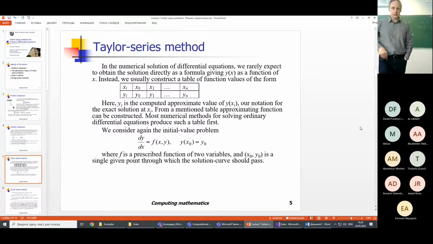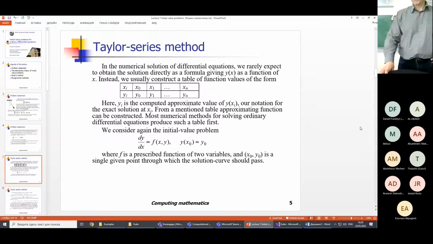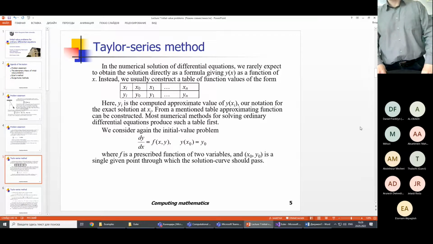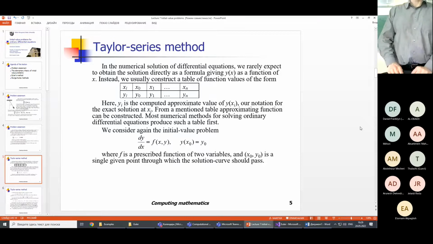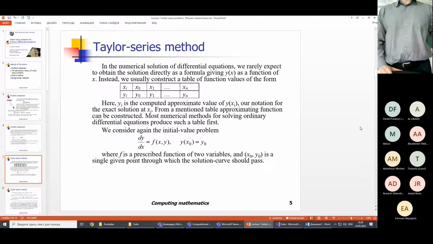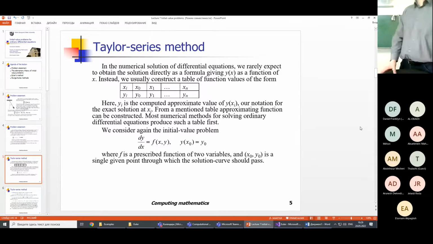Again, it's hard to expect that the differential equation can be solved exactly, so that we find a formula giving y of x as a function of x.